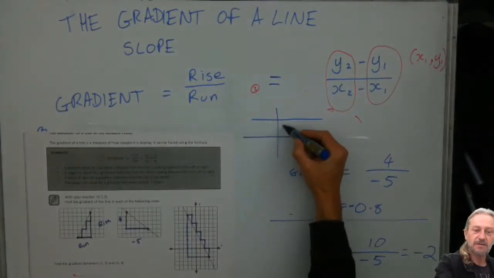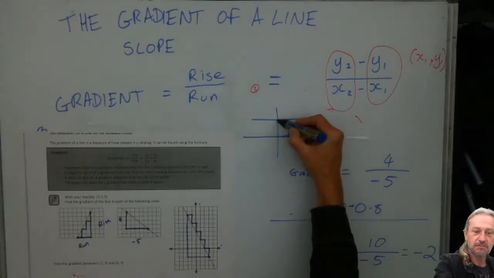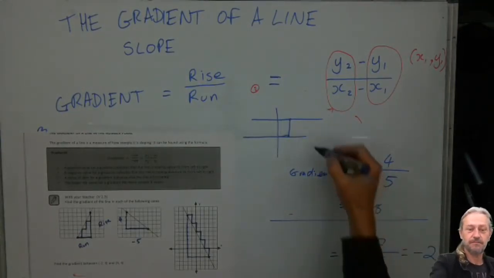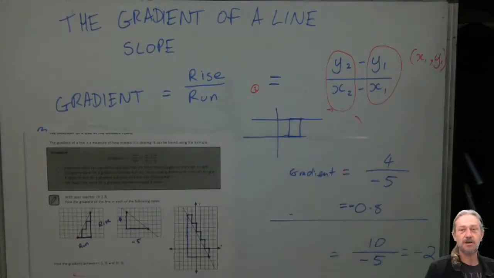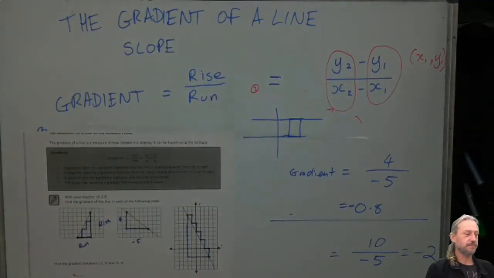That means every step we go in the x direction, the line goes up or down 0. Another step, it's still at the same height. So the rise is going to be 0. The larger the value for the gradient, the more steeply it slopes.